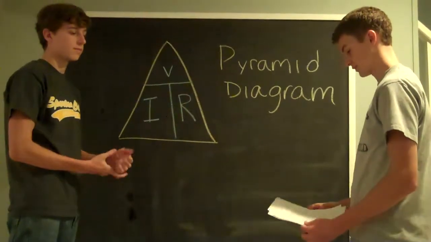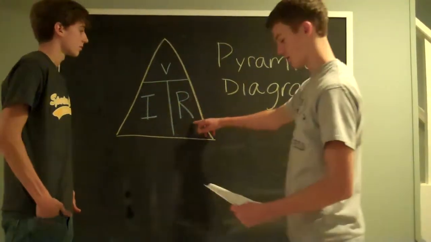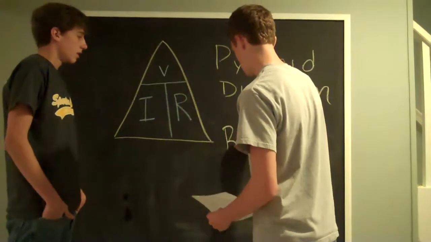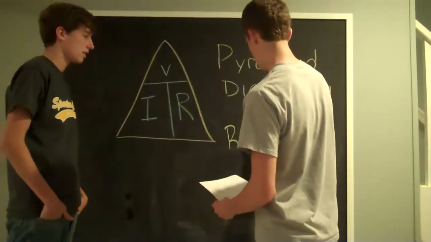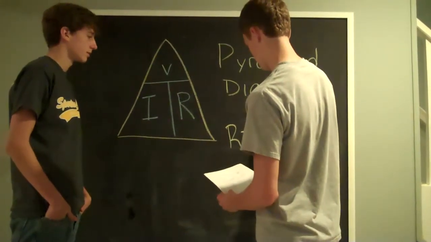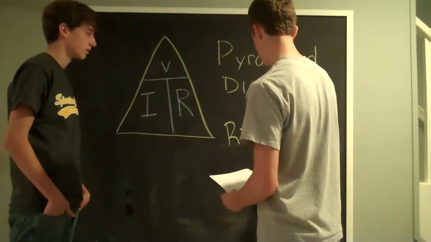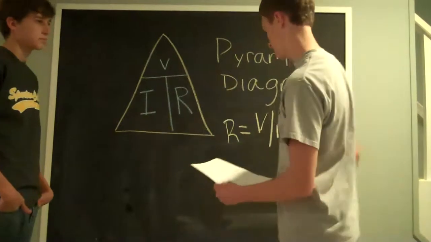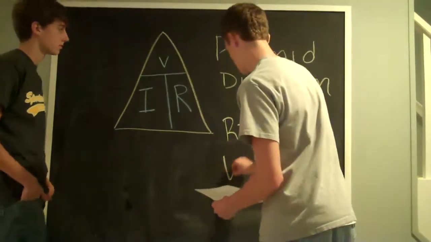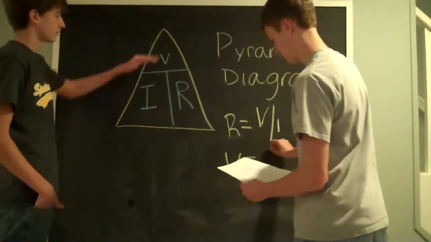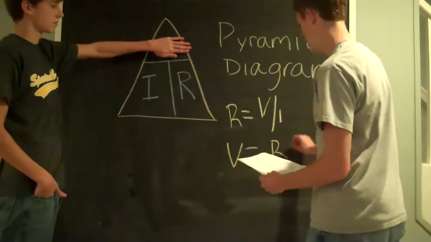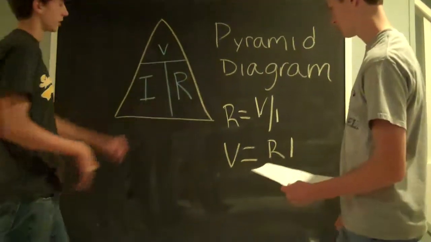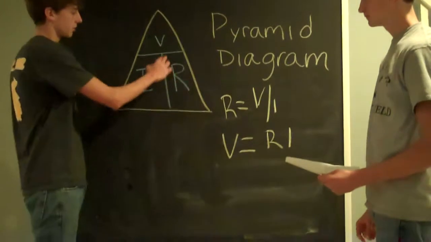So you can have relationships like R is equal to V over I, and then V equals R times I. You see that this is the division sign and this is the multiplication.